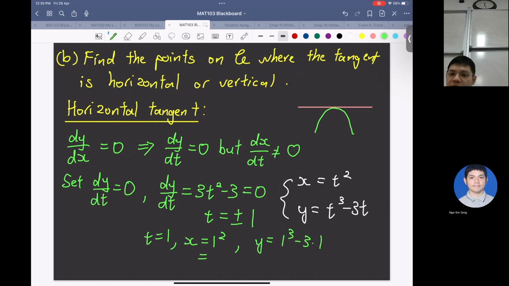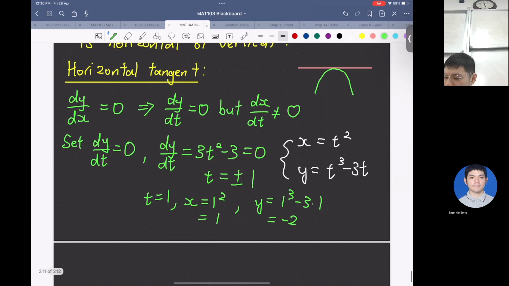So x is equal to 1, y is equal to minus 2. Okay, so when t equals 1, this particle passes by (1, -2).